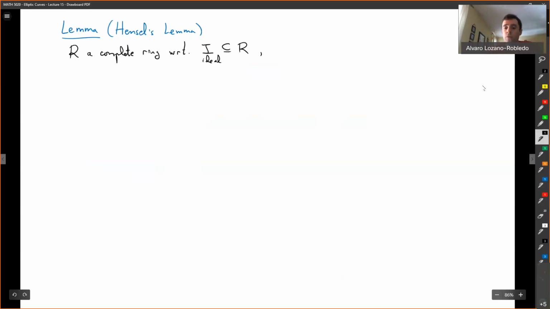And so R is a complete ring with respect to an ideal I. F of W is going to be a polynomial with coefficients in R.